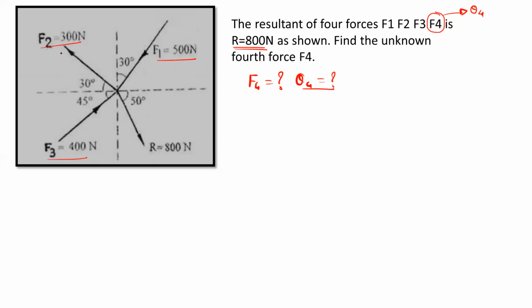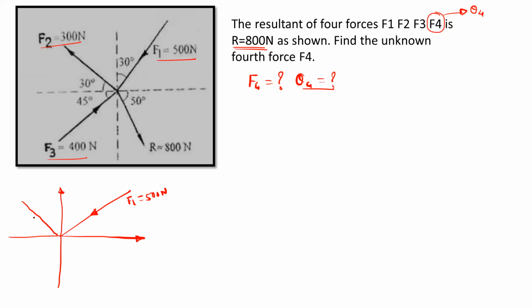So to solve this problem, the first step is to resolve the forces. So resolve F1, F2 and F3. So basically the given system of forces is, this is F1, which is equal to 500 Newton.